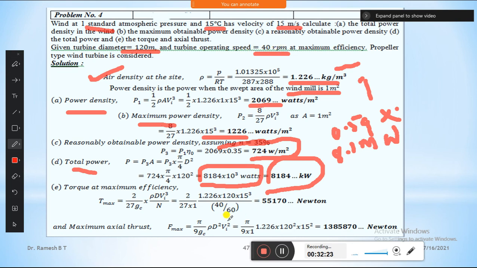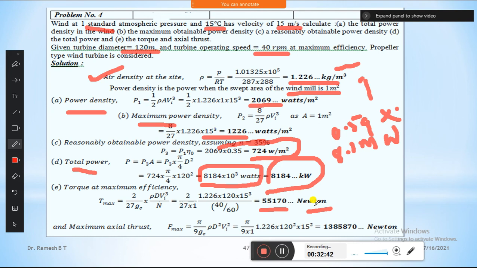Per minute, if you want seconds, it is 40 by 60, meaning how much it is rotating per second. If you substitute and calculate, finally the maximum torque is 55,170 Newton meter.